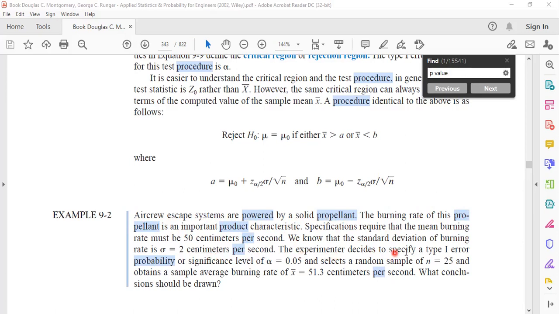The experimenter decides to specify a type 1 error probability or significance level alpha equal to 0.05 and selects a random sample of n equal to 25 and obtains a sample average burning rate, which is given, in centimeters per second. What conclusions should be drawn? This is the problem that you are going to note down in your copy.